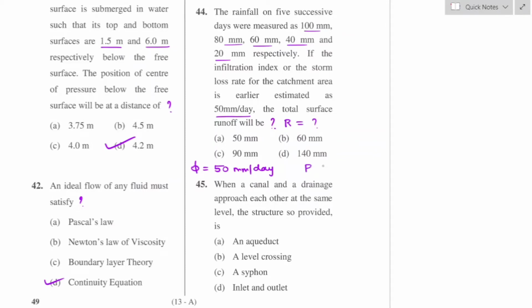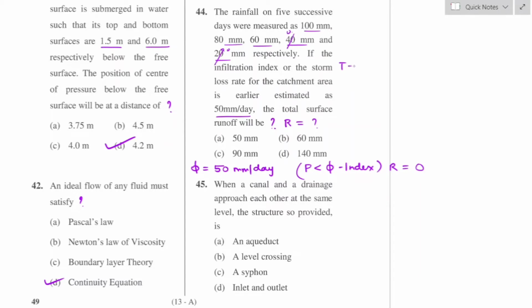We know that if the precipitation or rainfall index value is less than phi index value, then the runoff will be considered as 0. So among this 5 rainfall value, 20 mm and 40 mm will be considered as 0.